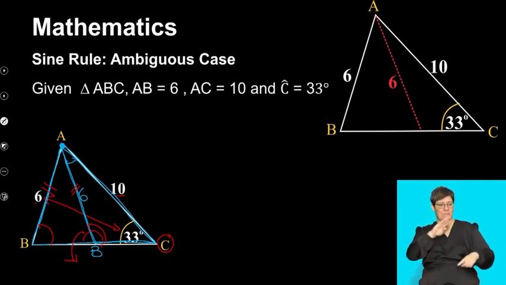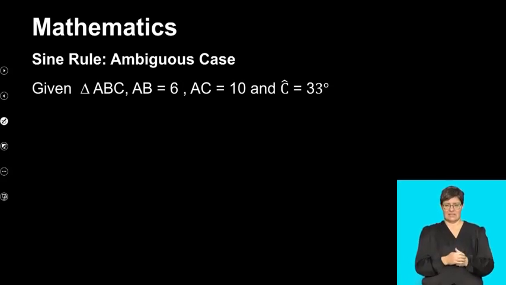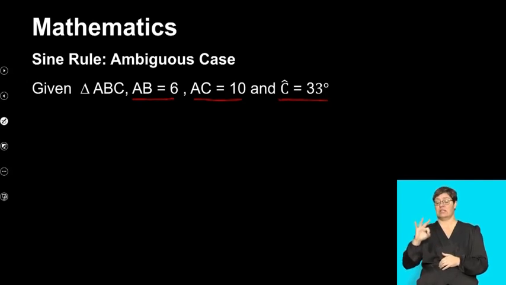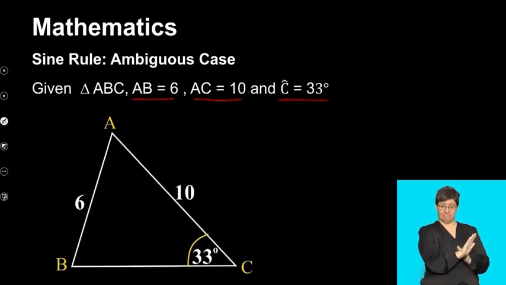But let's look at those diagrams again, a little neater version of it. In this example, we're given triangle ABC with AB equal to 6, AC equal to 10, and C equal to 33. So we would draw the triangle like this.